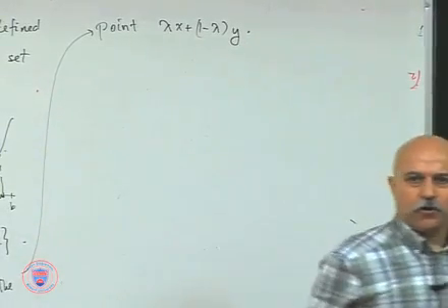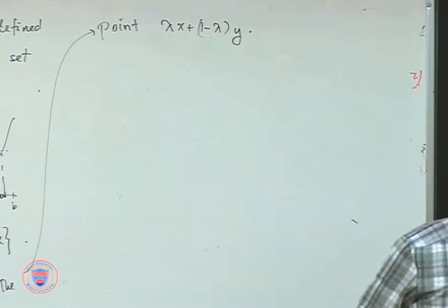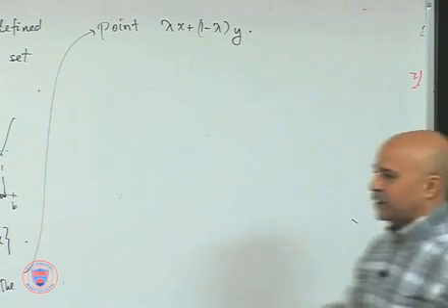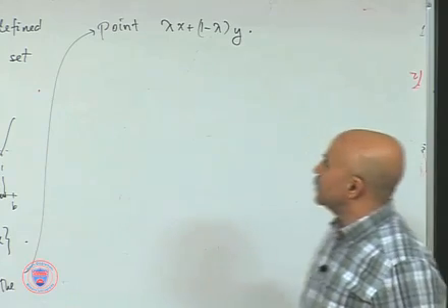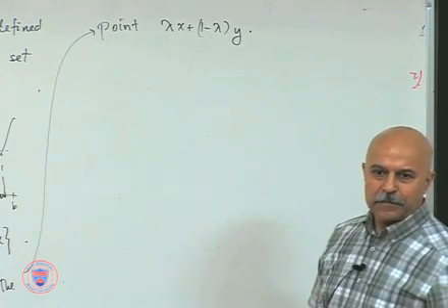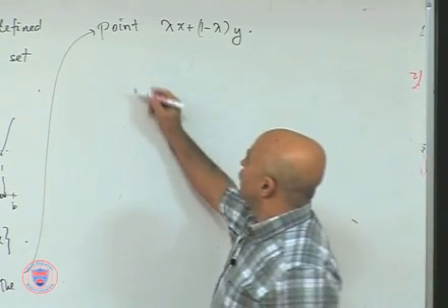What am I supposed to show? I'm supposed to show that any such convex combination is in fact in the set itself, right? That's the definition. So does anybody see if this is in the set or not? It is. It's quite obvious.